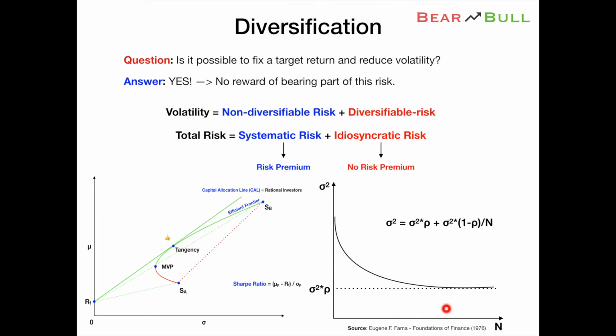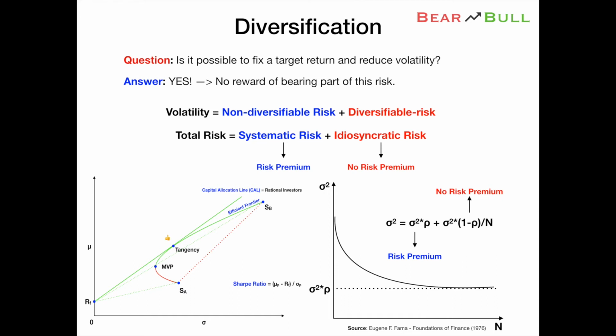But there is a limit, which is the constant of this equation here. So this variance we cannot eliminate by adding assets to the portfolio. And this part of the equation relates to what we mentioned before, the systematic risk. And there should be a premium for bearing this risk.